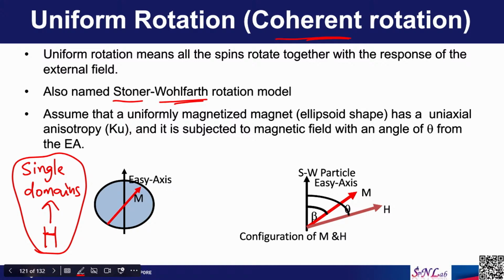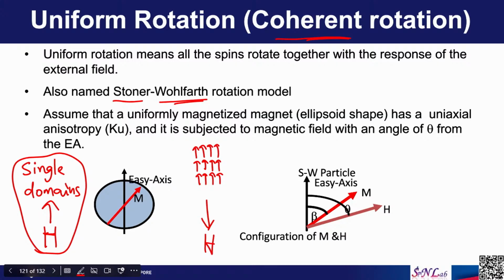So, here they undergo coherent rotation, which means when you apply magnetic field, let us say initially all the spins within this particle are parallel pointing like this. Let us say you apply magnetic field in this direction.